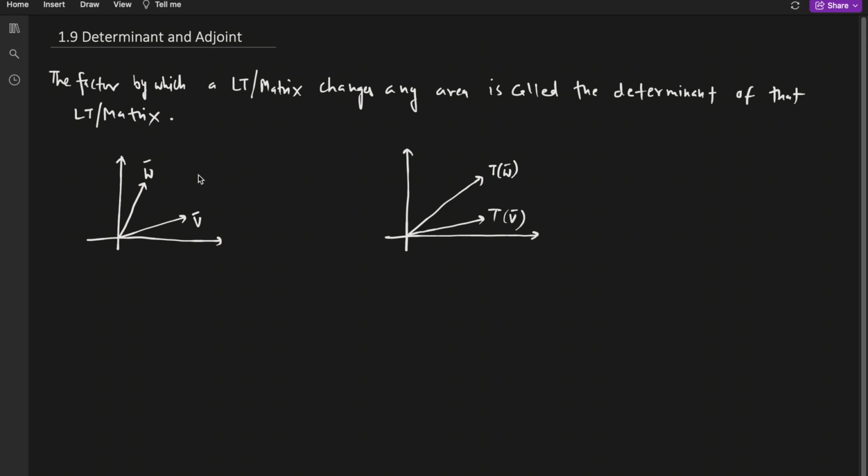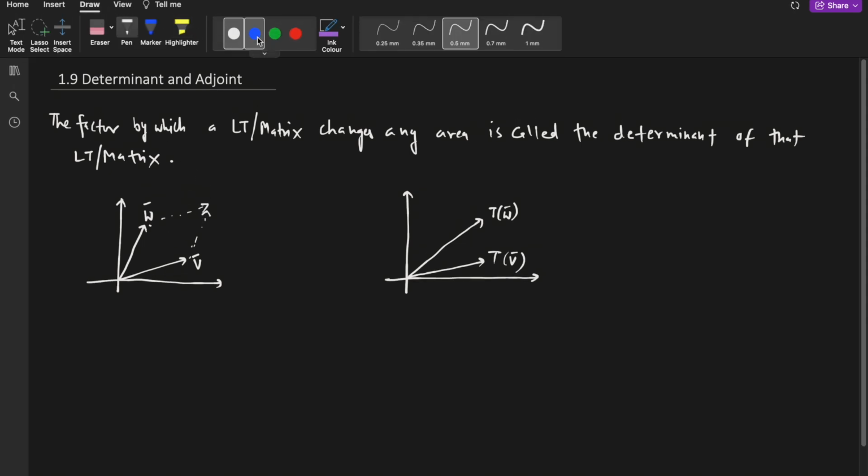So if you see what is the area formed by these two vectors, you just take this vector w and place its tail at the tip of v, and you will get something like this, right? Now the area formed by these two vectors is nothing but the area of this. This is the area, right?